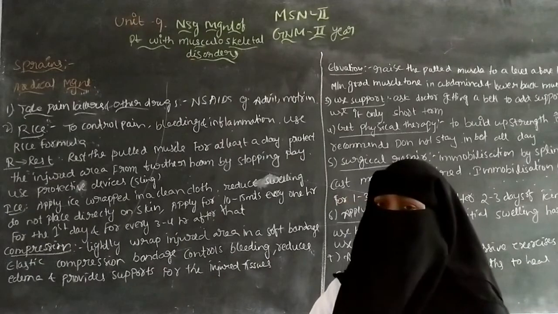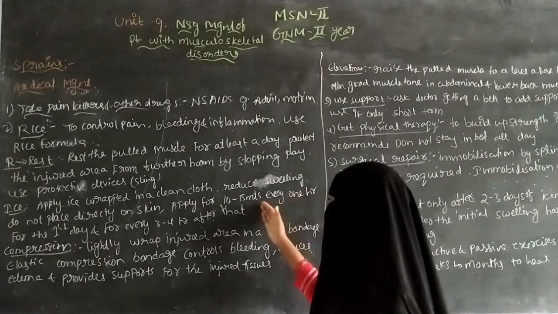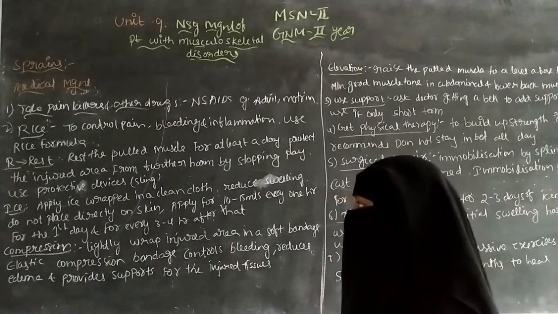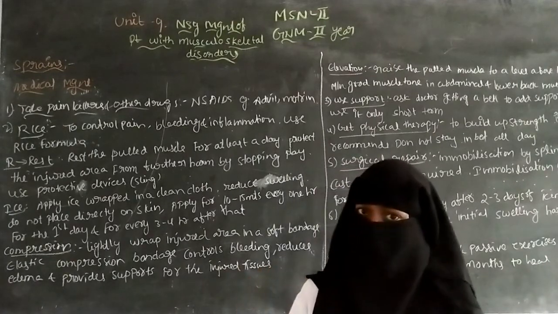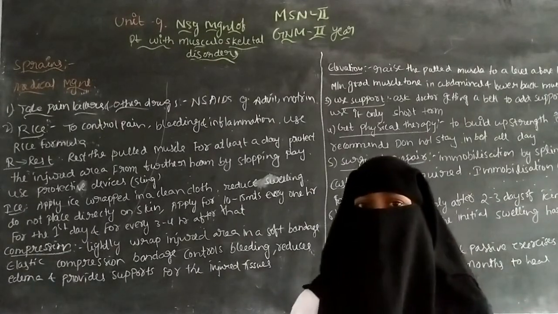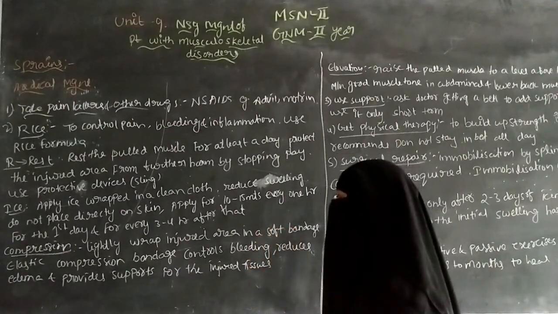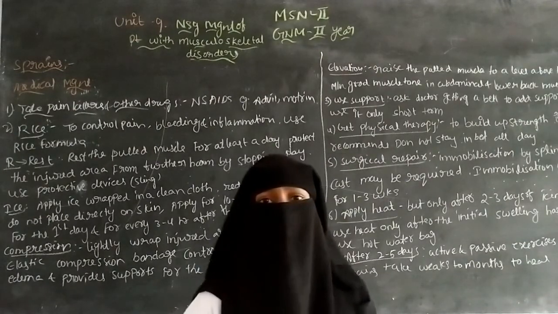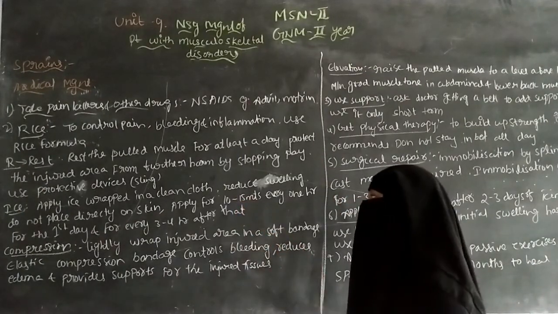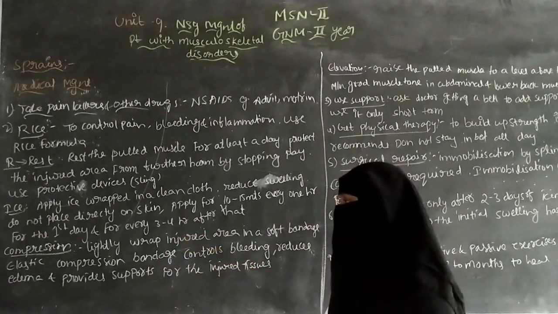So on the first day we apply it for 10 to 15 minutes every hour, and after that every 3 to 4 hours. Ice can be applied to the injured area but not directly. The ice is kept in a clean cloth, and because of the ice application it reduces the swelling.